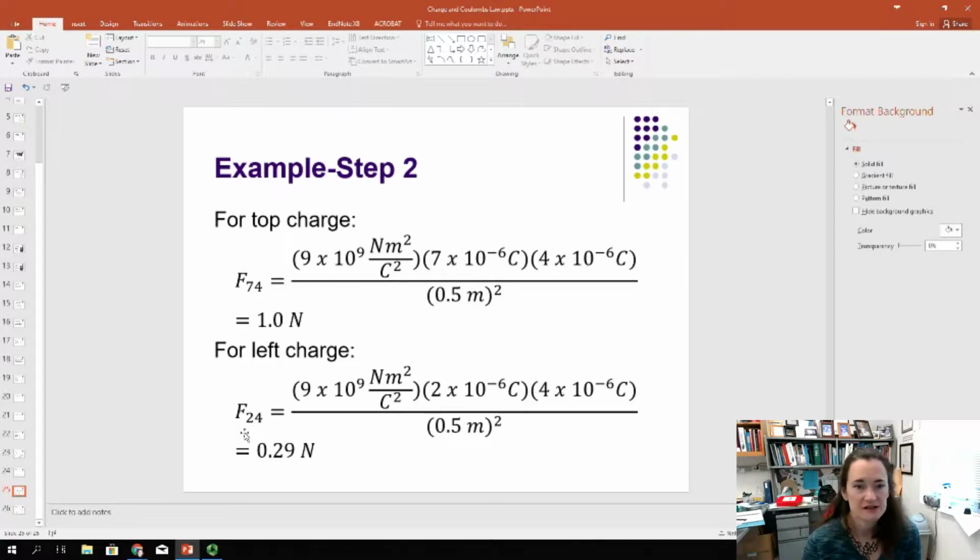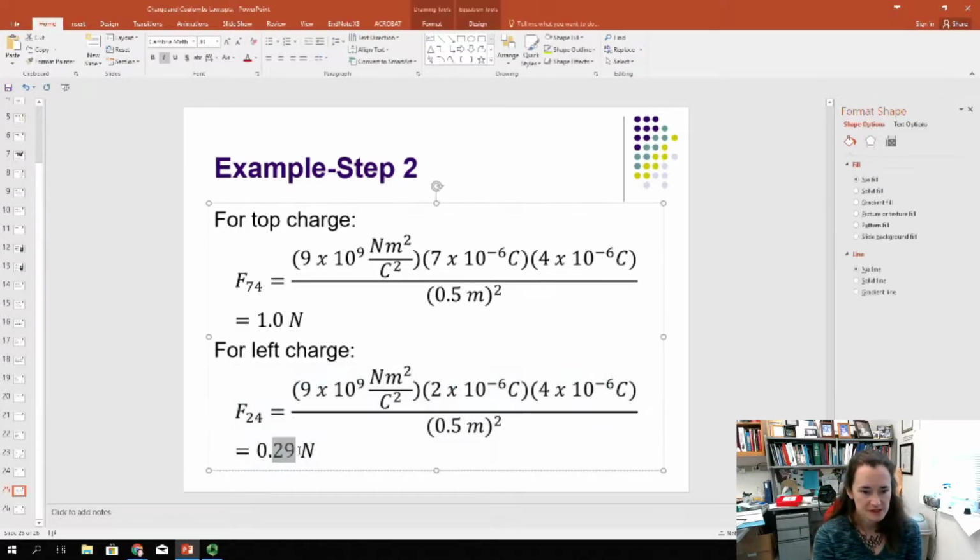So 9 times 10 to the 9th newton meters squared per coulomb squared times the product of the magnitude of the charges, 7 times 10 to the minus 6 coulombs times 4 times 10 to the minus 6 coulombs, since they're microcoulomb charges, and then divided by the distance in between the two charges squared, which is half a meter squared. When I solve this problem, I get 1.0 newtons here, okay? So that's my force, 1.0 newtons. And then for my left charge, sorry, let me fix this, 0.3 since I'm keeping just one sig fig.